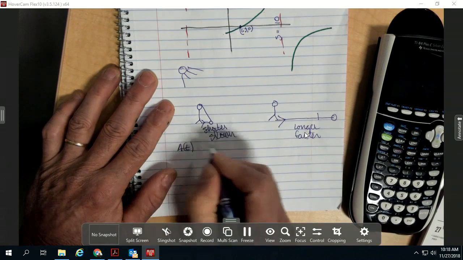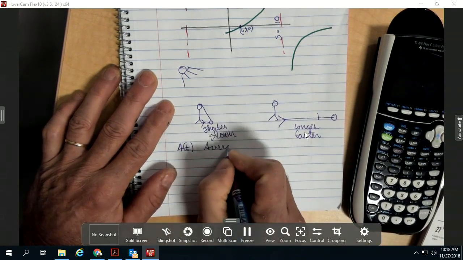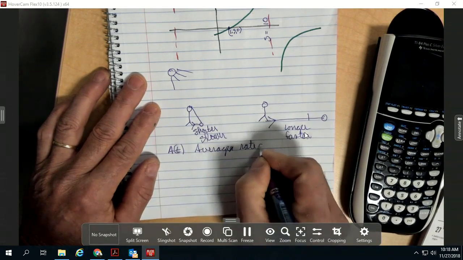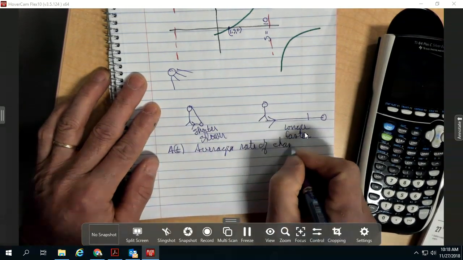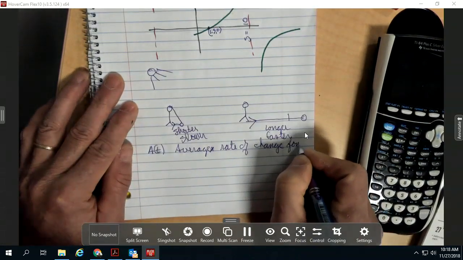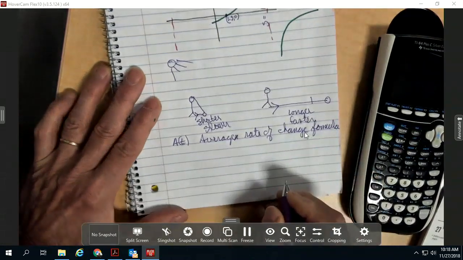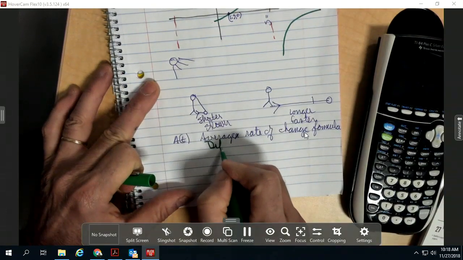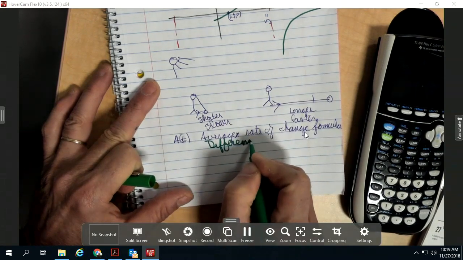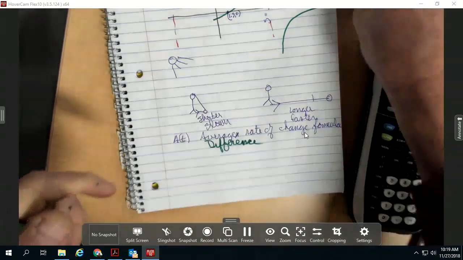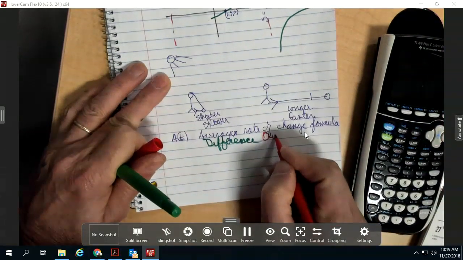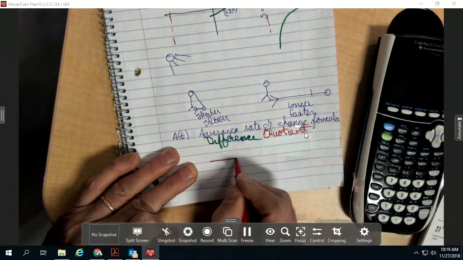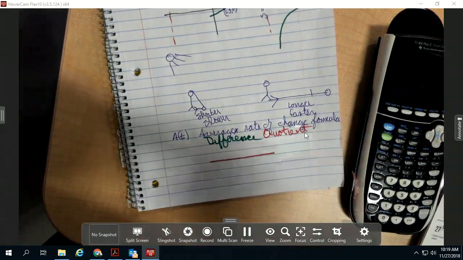A of t is always the average rate of change formula. It is also called the difference quotient. How am I showing a difference quotient?